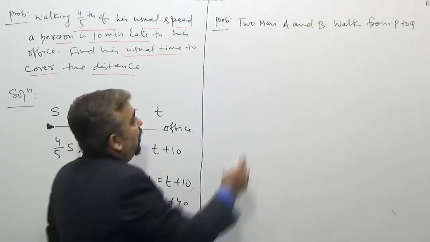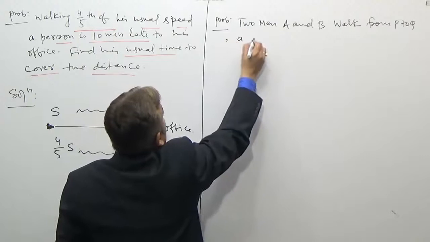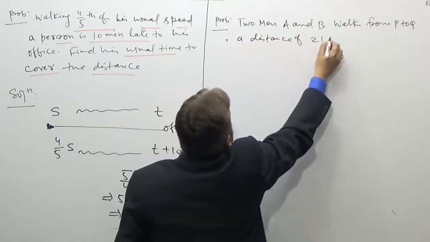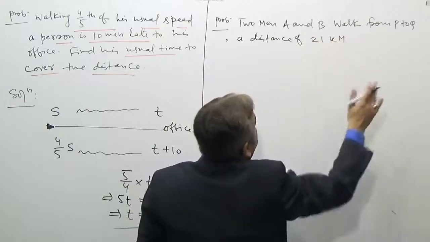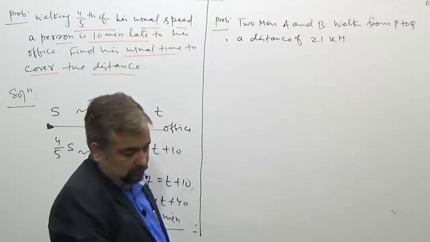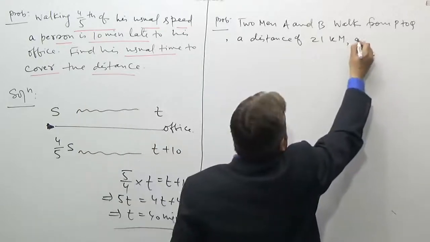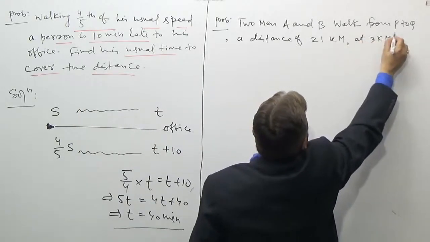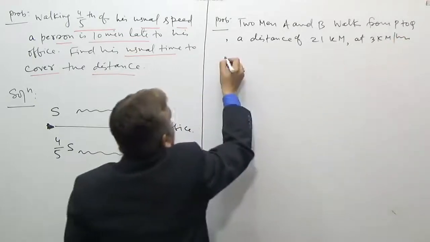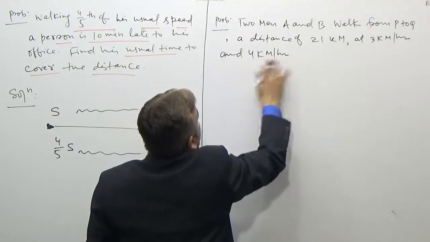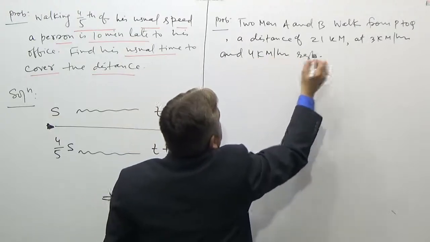A distance of 21 kilometer at 3 kilometer per hour and 4 kilometer per hour respectively.